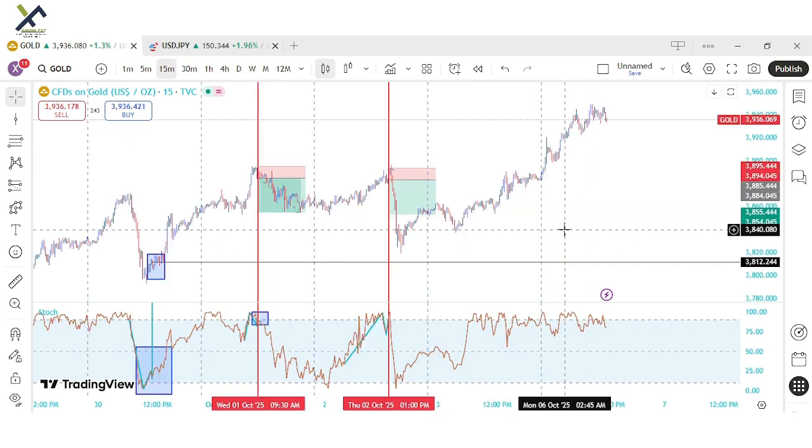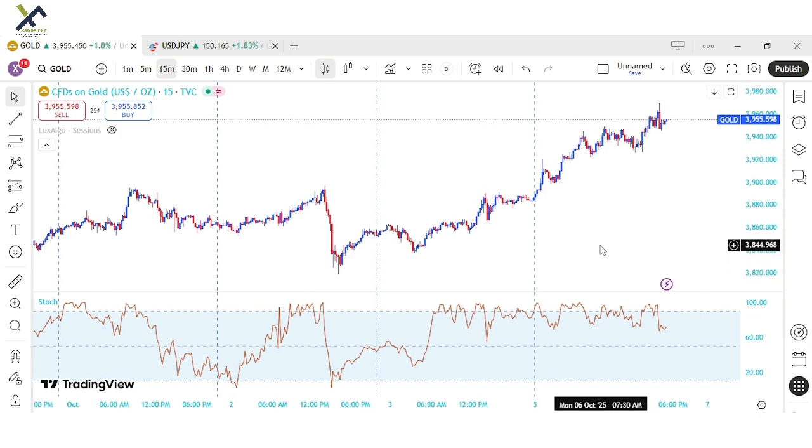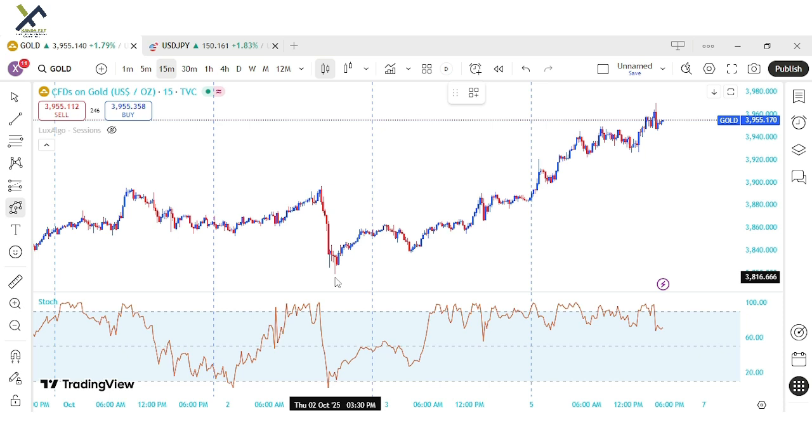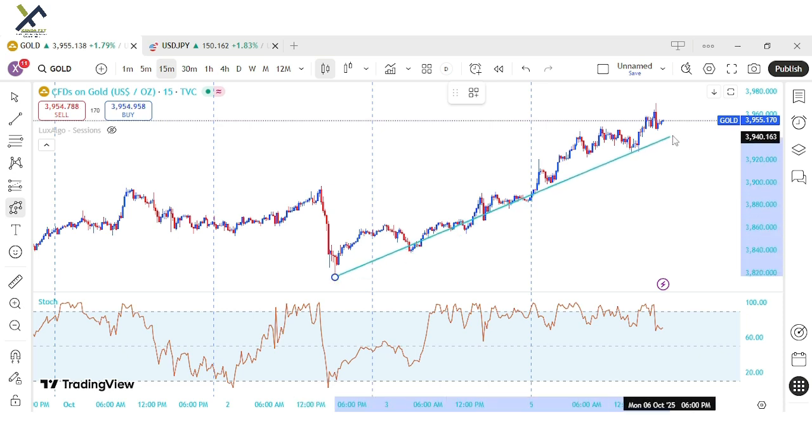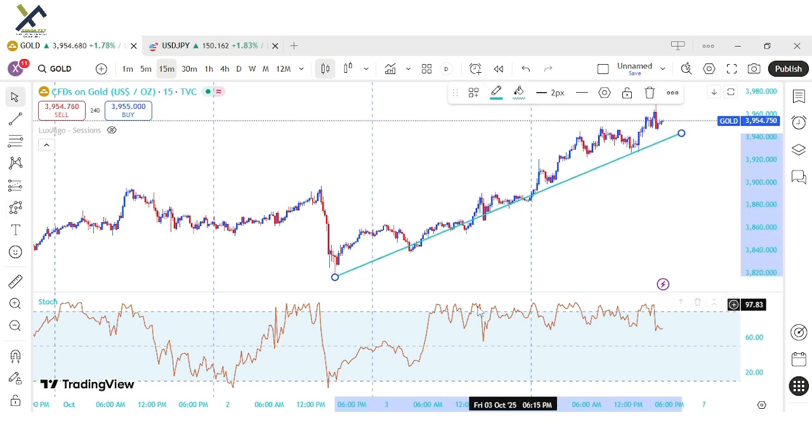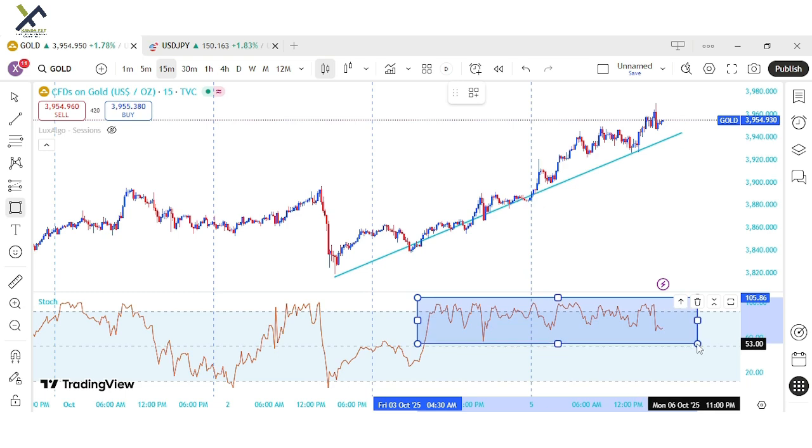With these illustrations now, I want you to go back and backtest it on your own before you implement it. Now, still coming to the chart, sometimes you will notice that the stochastic is consolidating, but on the chart, you will notice that the chart is trending. For example, you notice that this chart now is in an uptrend, but on the stochastic, it's consolidating.